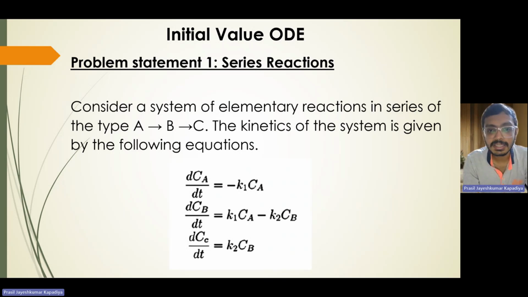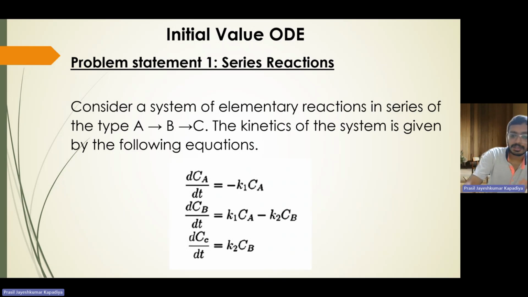So consider a system of elementary reactions in series of type A to B to C. The kinetics of the system is given by the following equations: dCA/dt = -K1 CA, dCB/dt = K1 CA - K2 CB, and dCC/dt = K2 CB.